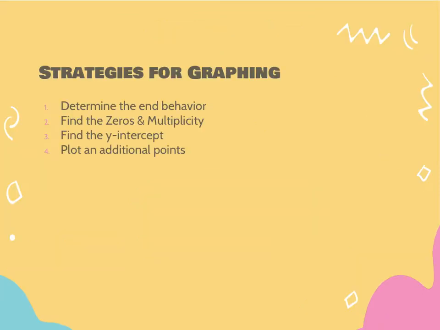So again, this is the same slide from yesterday. It's strategies for graphing. You should first determine the end behavior, then find the zeros, find the multiplicity for each of your zeros, find the y-intercept, and then also plot additional points.